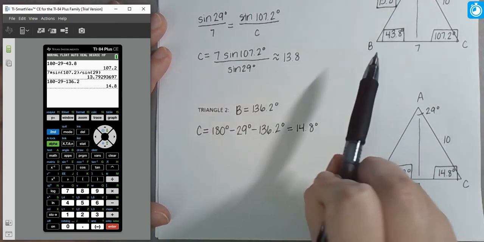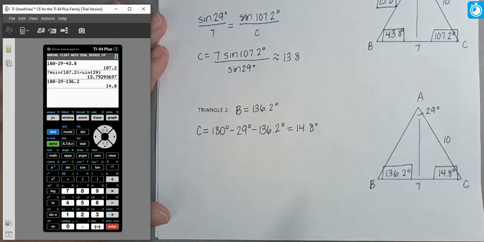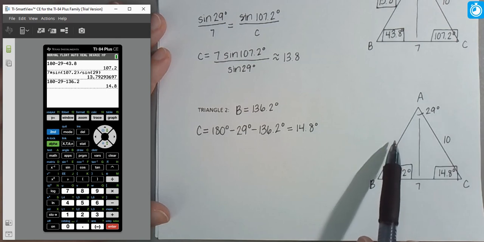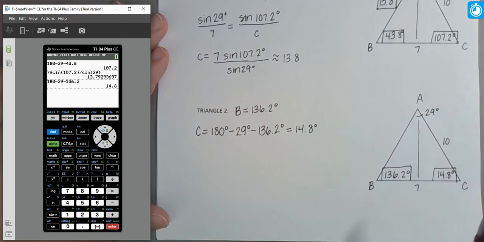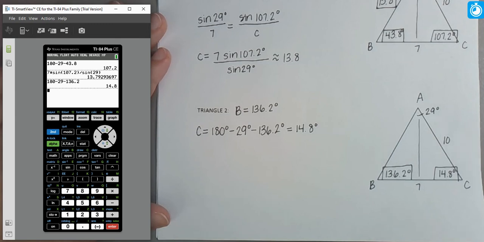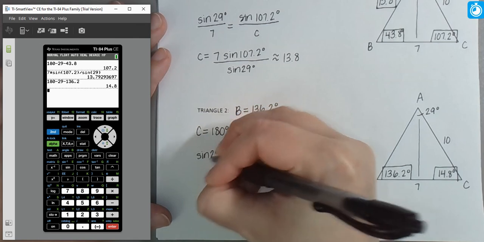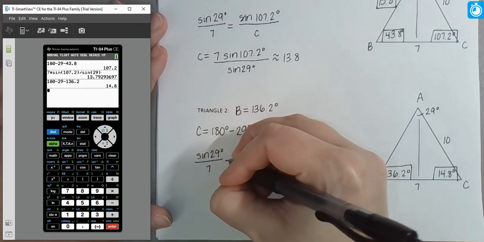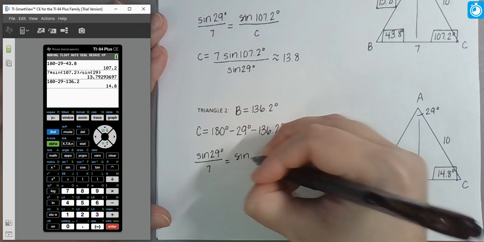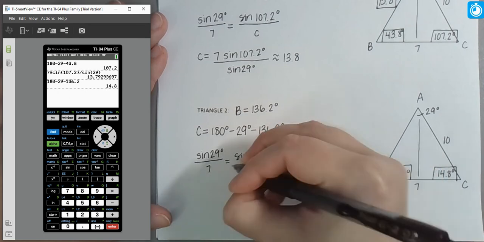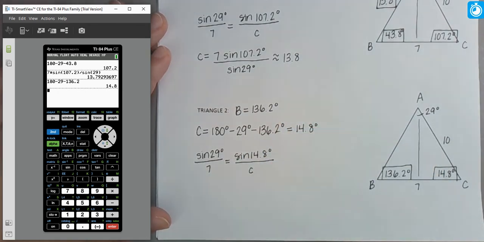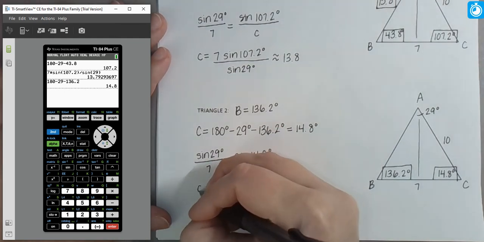So notice in the previous triangle, C was the largest angle. Now C is going to be the smallest angle, which means its opposite side is also going to be the smallest side. So it's going to have to be something that's smaller than 7 once we evaluate it. So using our ratio and then relating our ratio to our unknown, sine of 29 degrees divided by 7 is equal to the sine of 14.8 degrees divided by little c. Solve for little c.